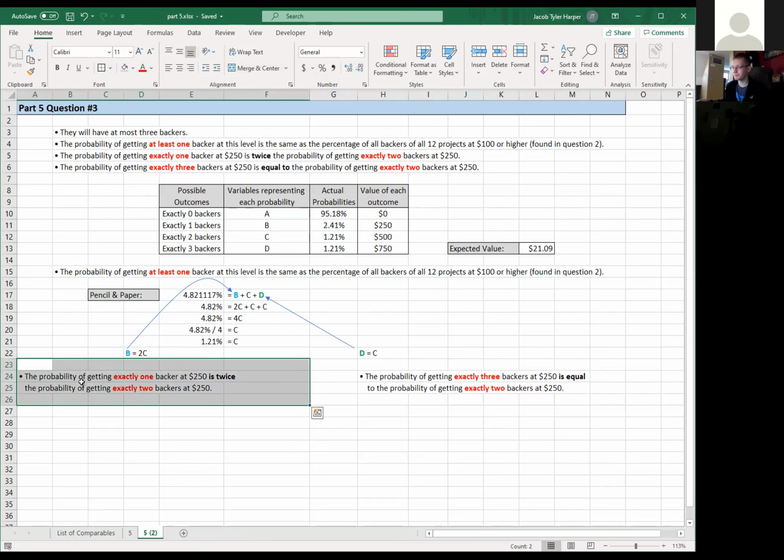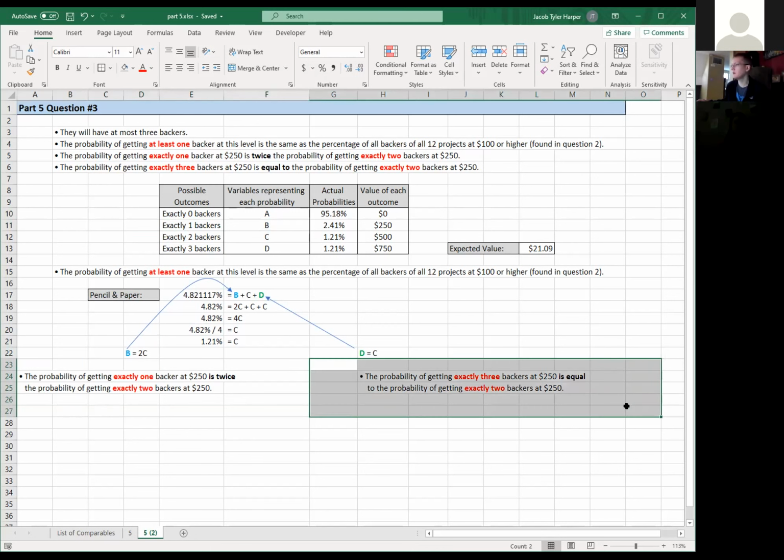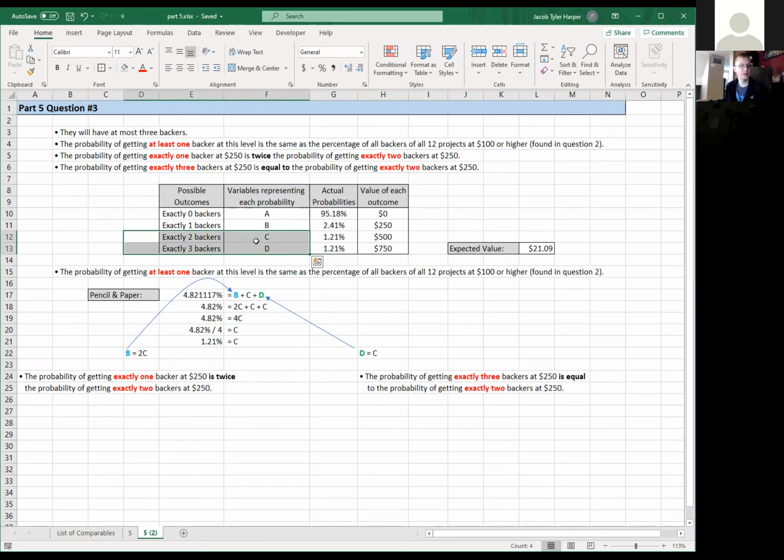For instance, they're saying the probability of getting exactly 1, which is represented by B, is double the probability of getting exactly 2, which is represented by C. So we have this equation. We know that B is 2 times whatever C is. Likewise, they tell us that the probability of getting exactly 3 is equal to the probability of getting exactly 2. That's these 2 variables, which leaves us with a third equation.